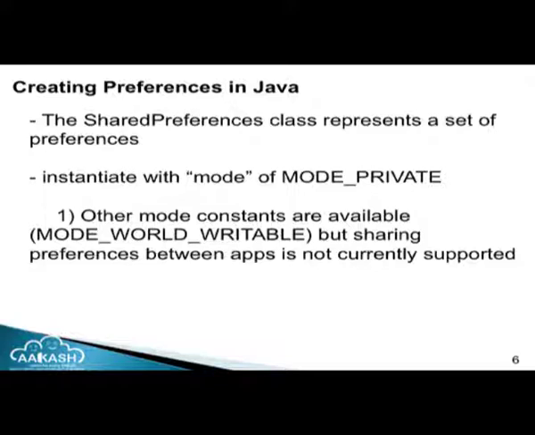Then, how can we create preferences in Java? The SharedPreferences class represents a set of preferences. We have to instantiate those preferences with a mode, that is, private mode. There are lots of modes you can use, such as world writable, but sharing preferences is possible only activity to activity.